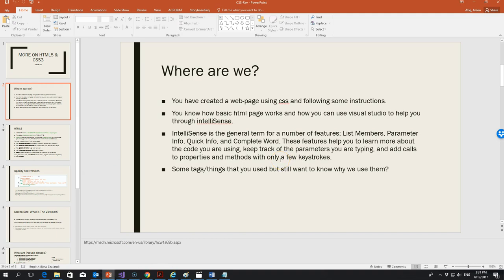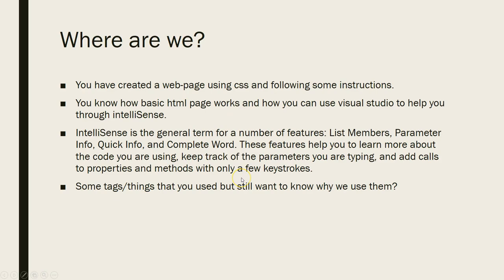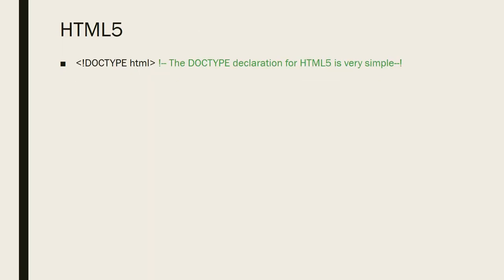Now you should know this basic stuff, and IntelliSense is giving you general features of parameter info and quick info. It is completing your words, so it is helpful. The tags and things that you were not aware of: doctype HTML, for example, is just a declaration for HTML5.